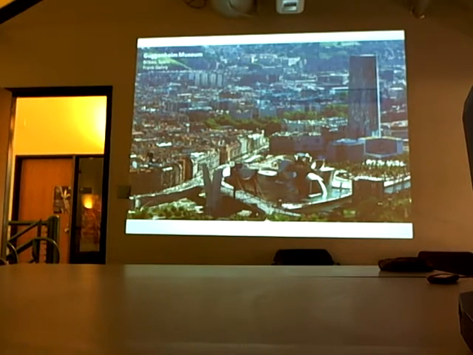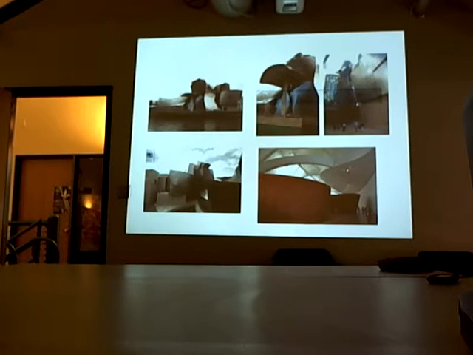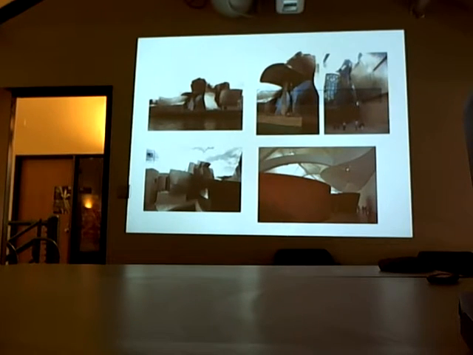And as far as my precedent, the first precedent I have is the Guggenheim Museum. I use this in particular because of the process that Gehry used in order to create it. It's a semi-automatic process. He often uses scribbles, and when he doodles, he tries to evoke the image of the building through these scribbles.